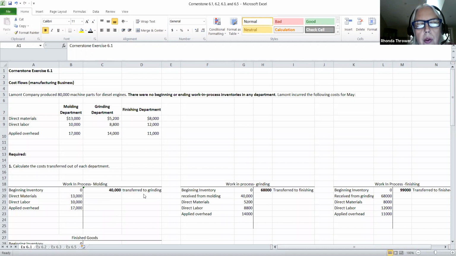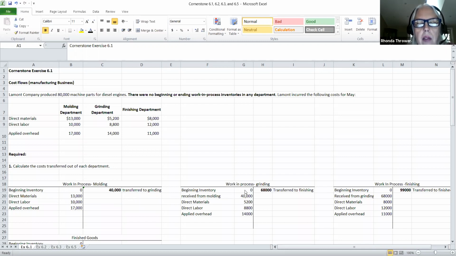I'm going to transfer these to the grinding department. So my $40,000 goes into my grinding department. They have to receive the materials in from molding that they work on in the grinding department.